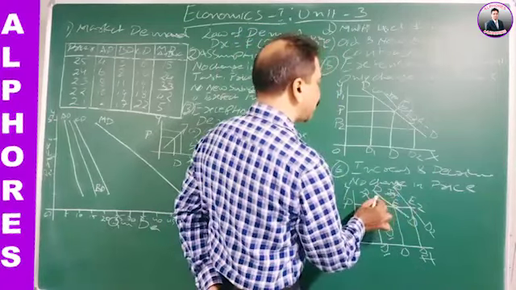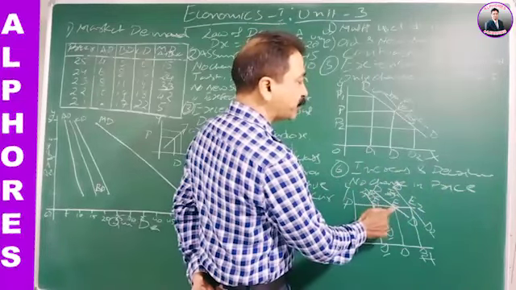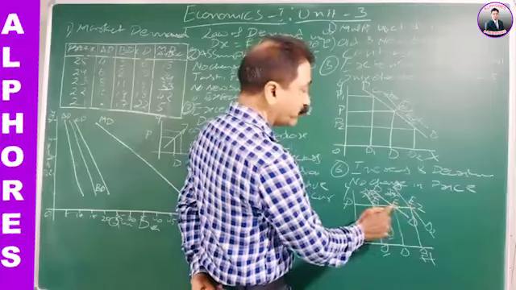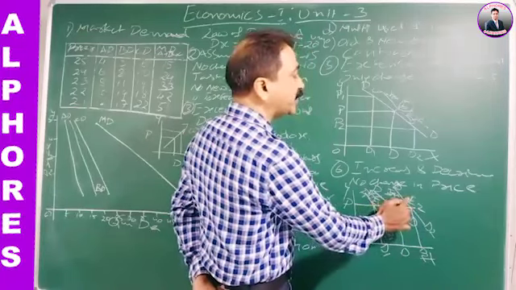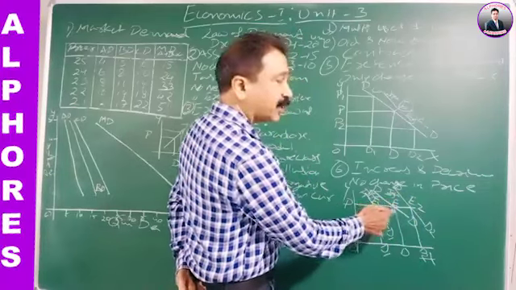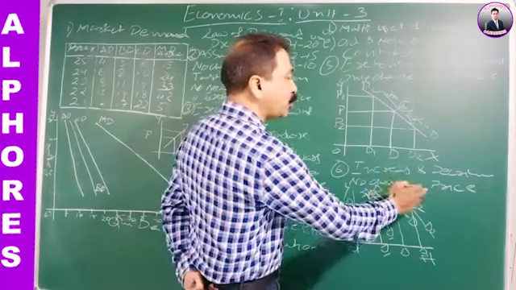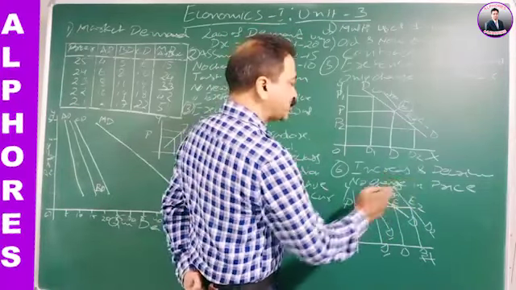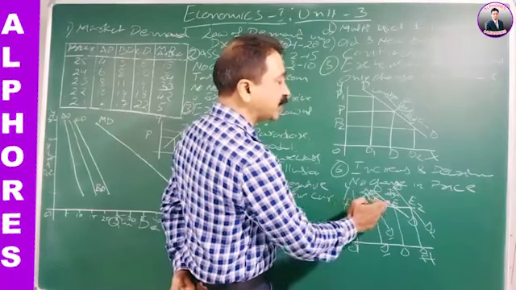When price is constant, due to any other reason, if demand increases from D to D2, then it is called increasing of demand. If the demand, due to any other reason, even though price is constant, moves from D to D1, then it is called decreasing.